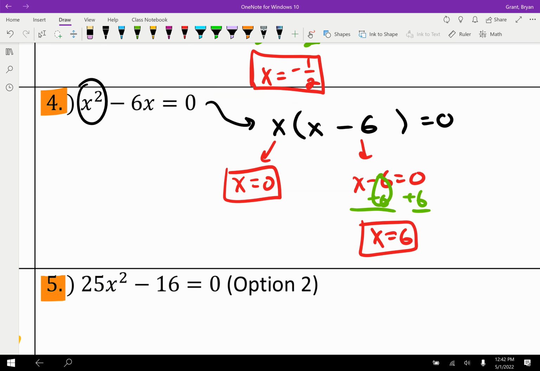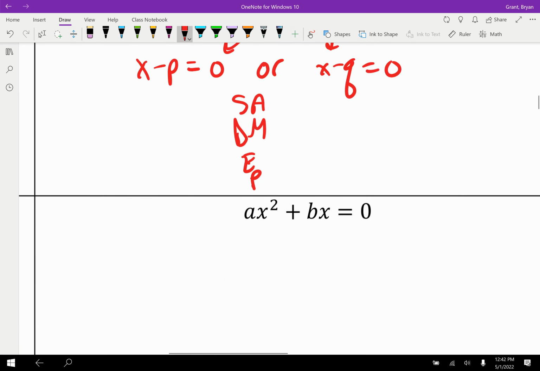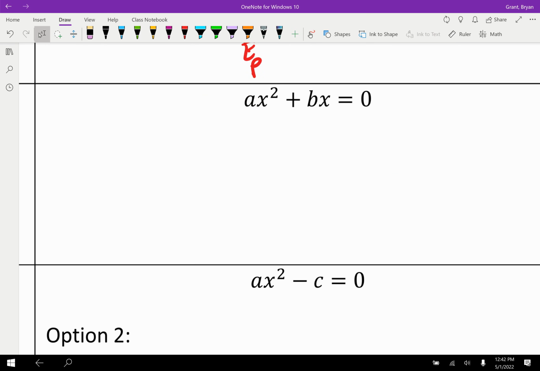Reminder, though, what we really had to do on 4 is to put this into factored form. And one way we know to put it in factored form is to find what they have in common. And they each had an x in common. Now, that gets a little bit trickier depending on what other terms are in that problem. But in a situation like this, as a reminder, you would just take x out of each.